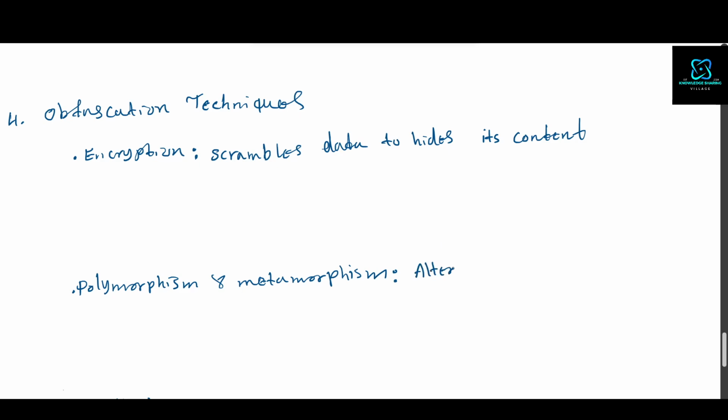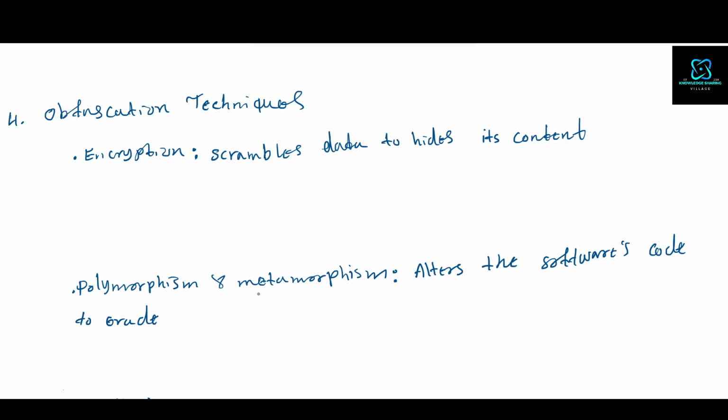The goal here is to alter the software's code to evade detection, because most security or defense mechanisms, like antivirus, often, maybe not the modern ones, use signature-based analysis.